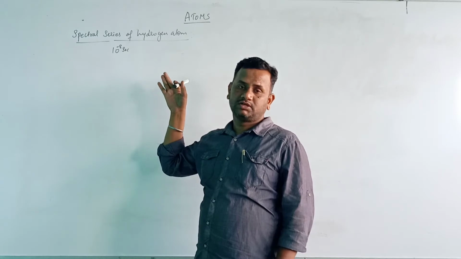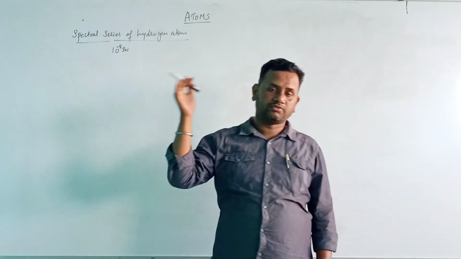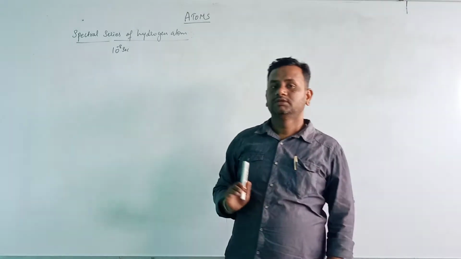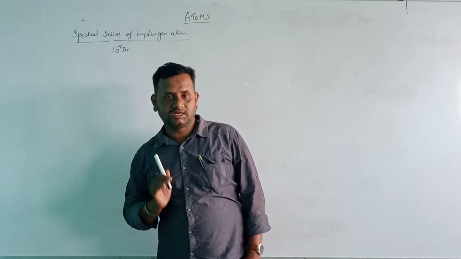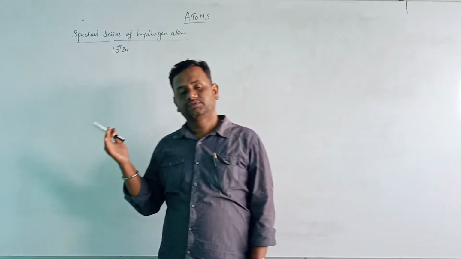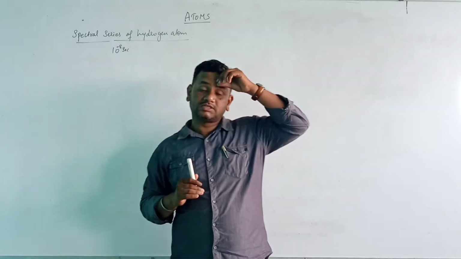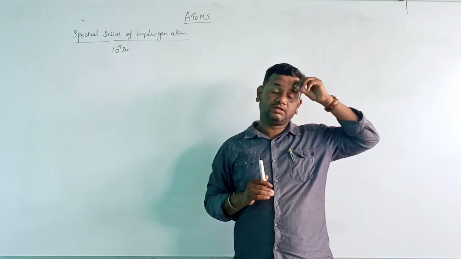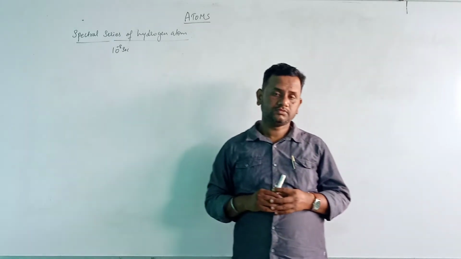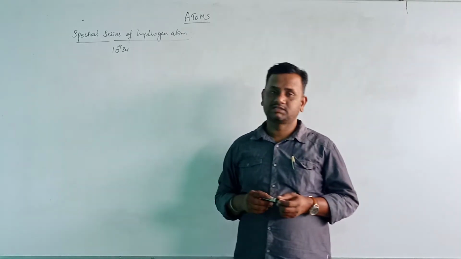After that, again this electron will jump from higher orbit to the lower orbit. During this transition, the electron is going to emit some radiation, as we already discussed in the last class.